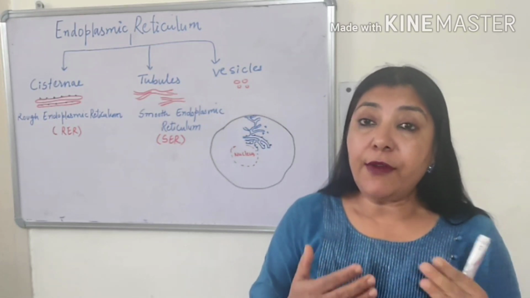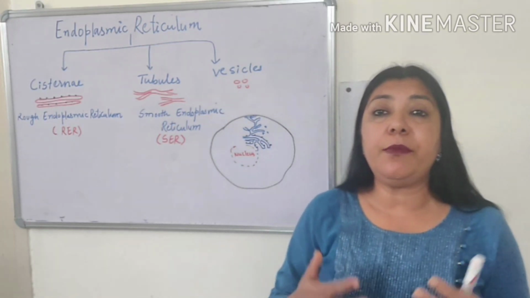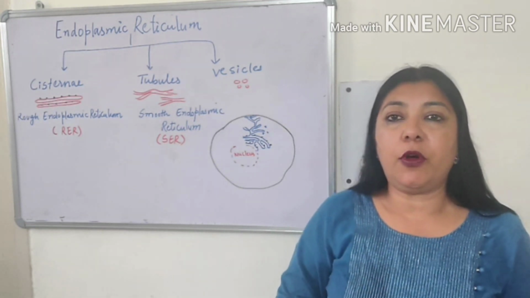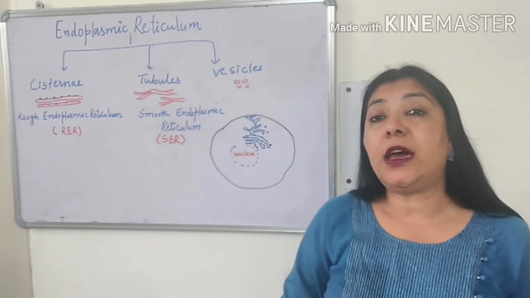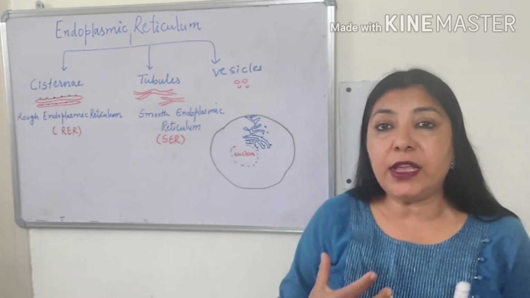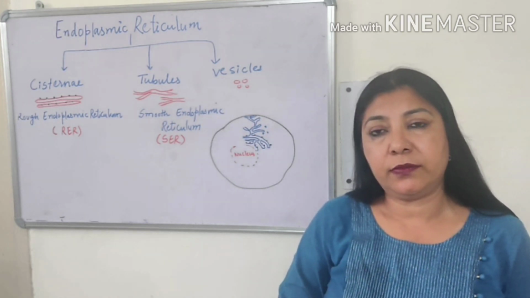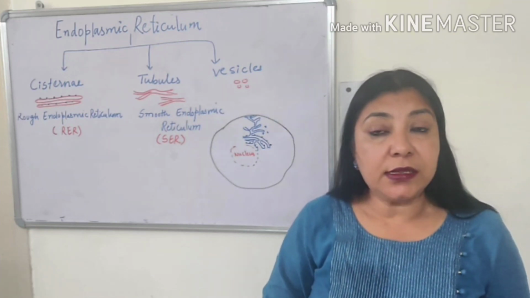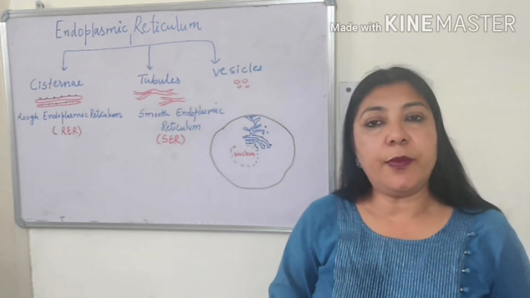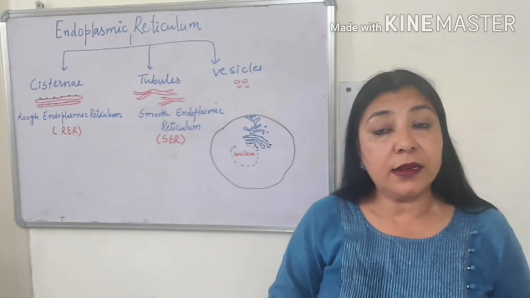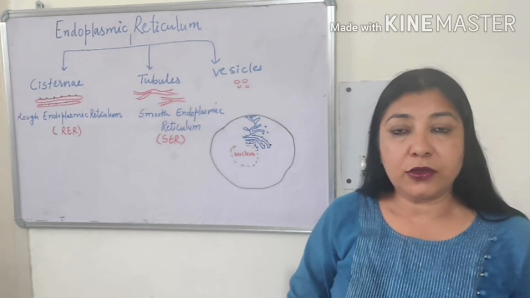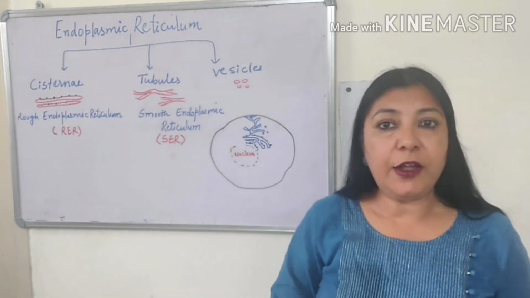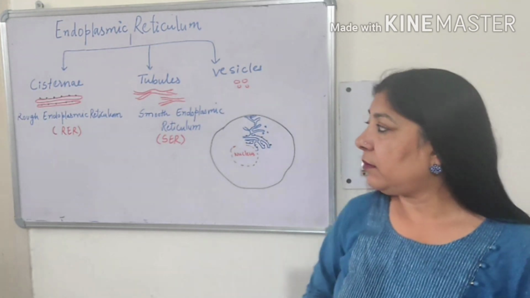So rough endoplasmic reticulum will be mainly present in those parts of the body, in those cells which are more concerned with protein synthesis. Can you name a few? Like our muscles, they are made up of contractile protein, actin and myosin. So they will be having rough endoplasmic reticulum.